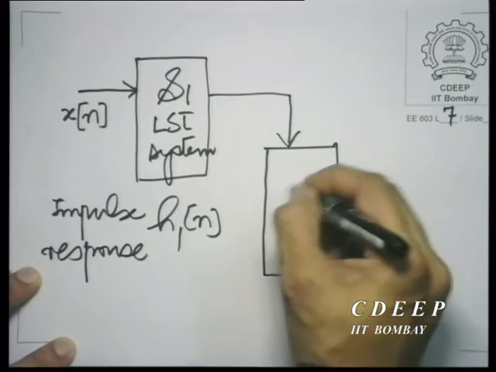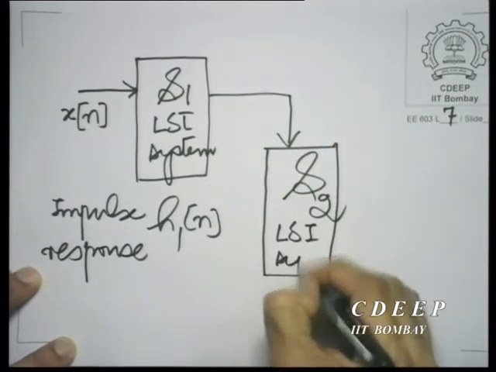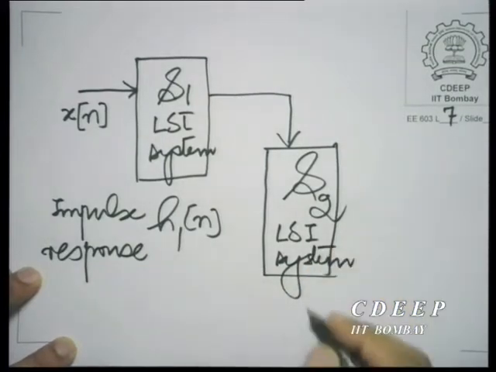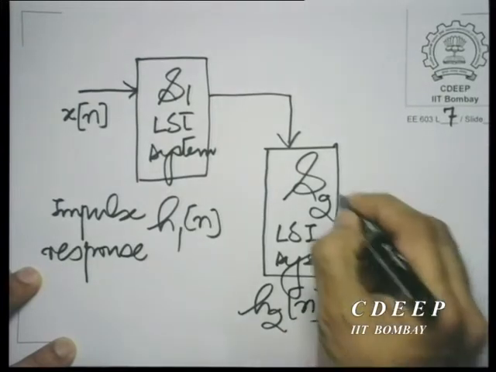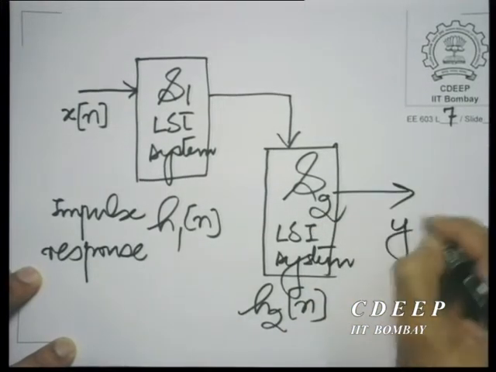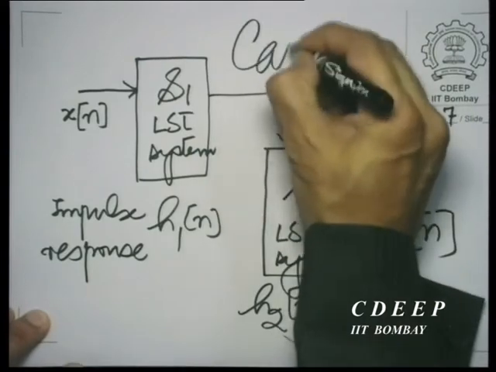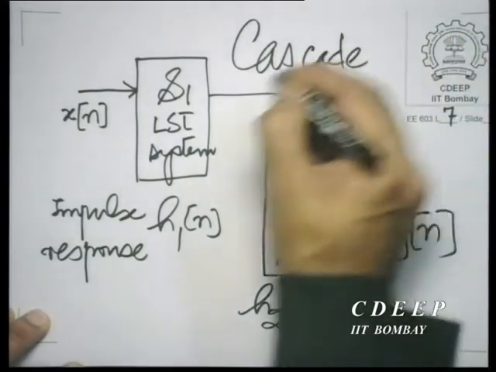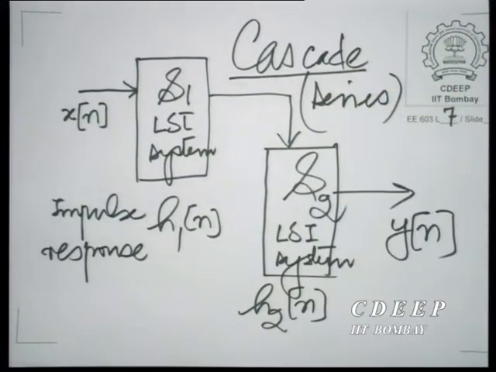Let us give it the name S2, and here the impulse response is h2 of n, and this results in the output y of n. This is called a cascade interconnection, a cascade or a series connection of two LSI systems.